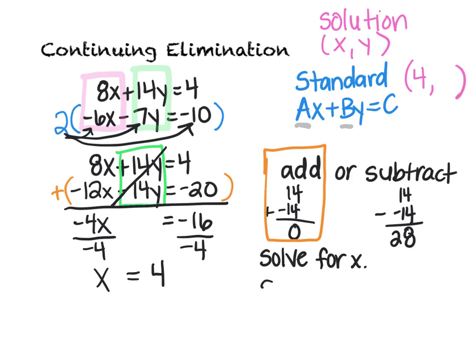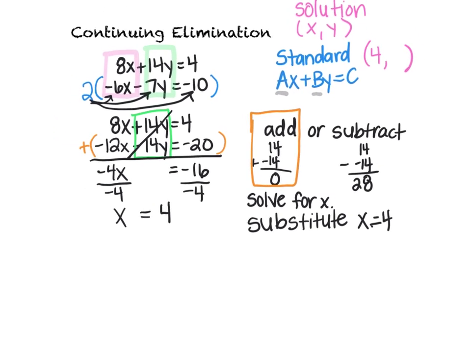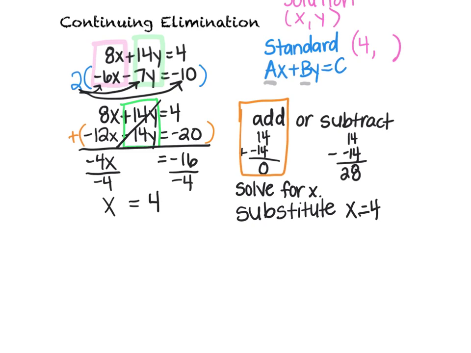Now we're going to substitute x back into our problem. So x equals 4. It doesn't matter which equation you substitute back into, because you will essentially get the same y value, which is the reason it's a system, because they should have the same x and the same y. So I'm going to substitute it back into the first one.